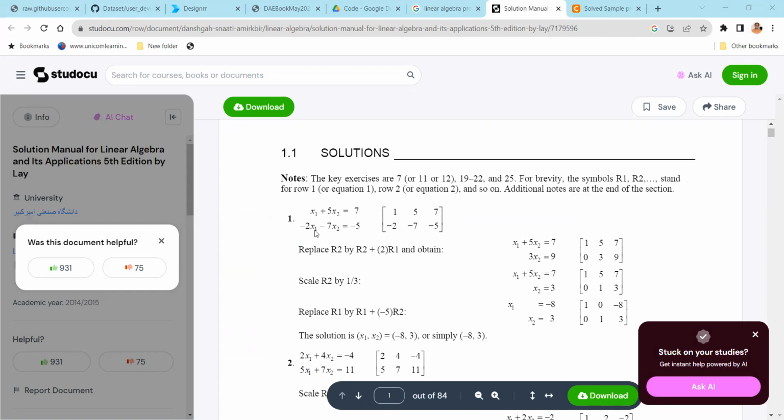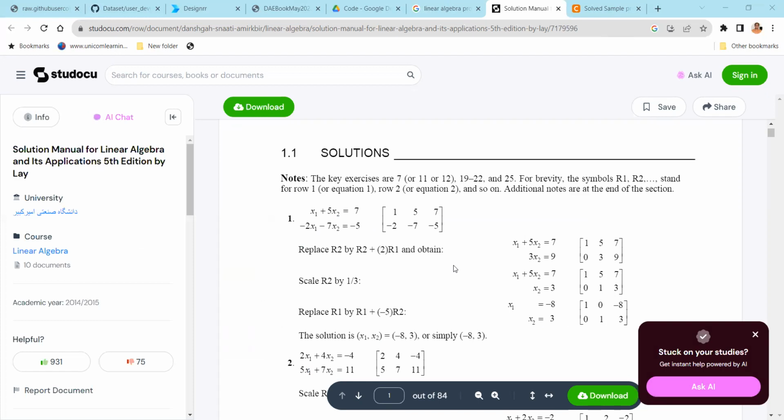And you have minus 2x1 minus 7x2 equal to minus 5. Right, so this is the equation that we will solve.